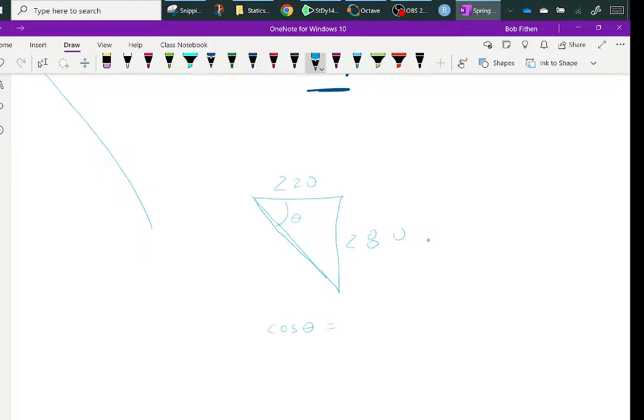Cosine theta is 220 over that length, and that length is the square root of 220 squared plus 280 squared.